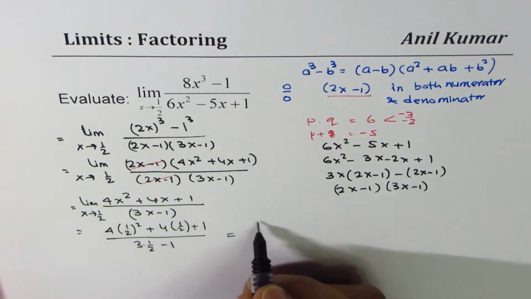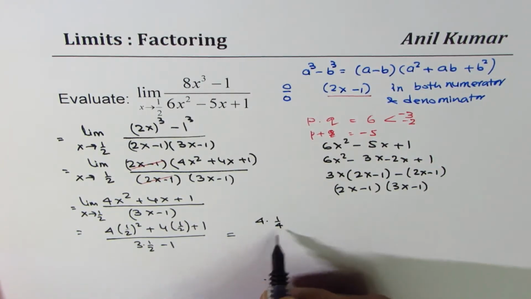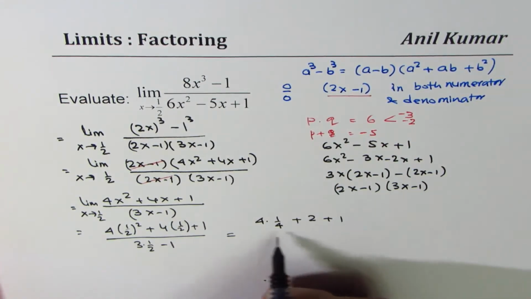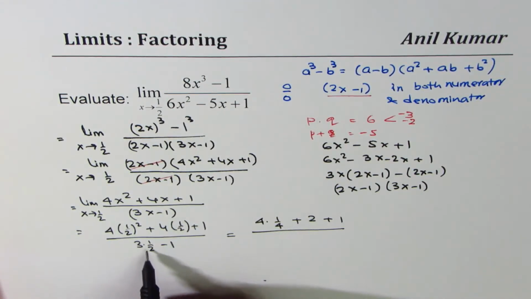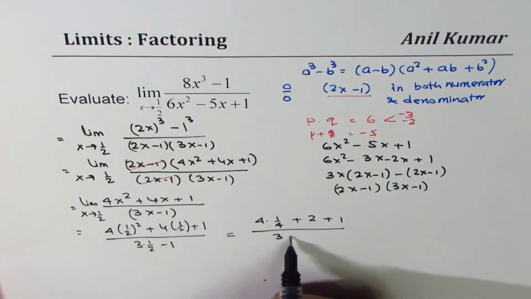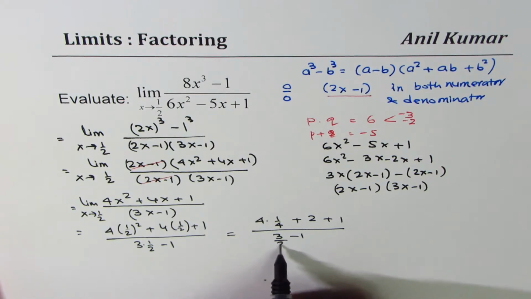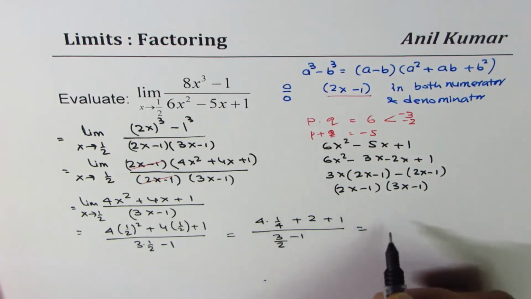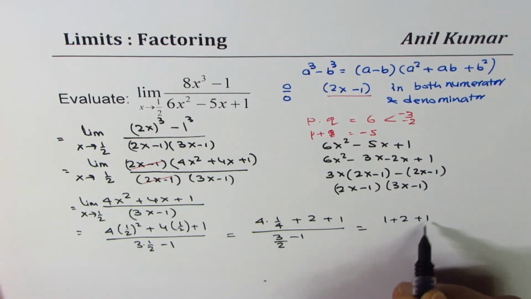So 4 times 1 over 4, plus half of 2, which is 1, plus 1, divided by 3 over 2 minus 1. So let's go one more step. That is 1 plus 1 plus 1, correct?